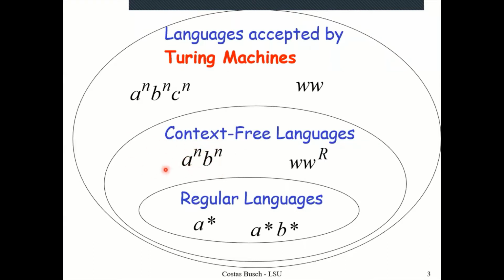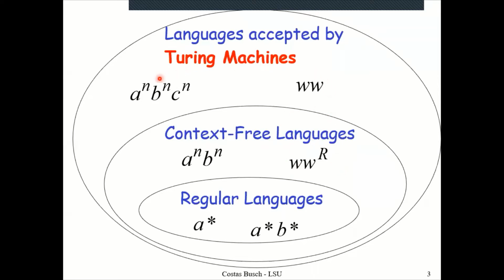If there are n left parentheses, then I have n right parentheses as well. So left parentheses are matched by the right parentheses and they are linearly intertwined with one another. Another example was WW^R, even length palindromes. That is also under the power of the computation of a PDA.